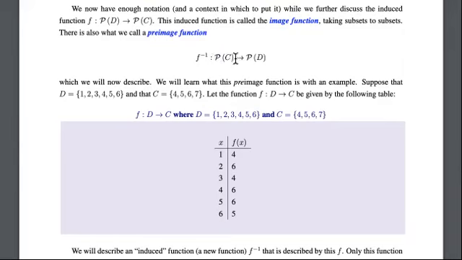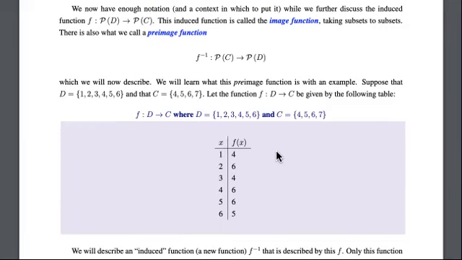We take a subset of the codomain and we're seeing, well, where could it have come from in the domain? What subset of the domain could it have originally come from? So now with this preimage function, let's look at some examples and we'll keep talking about it.